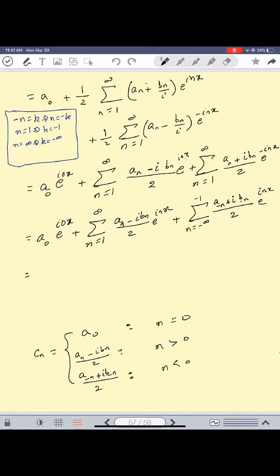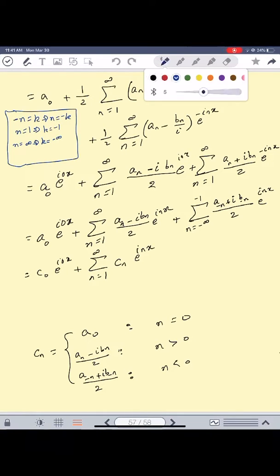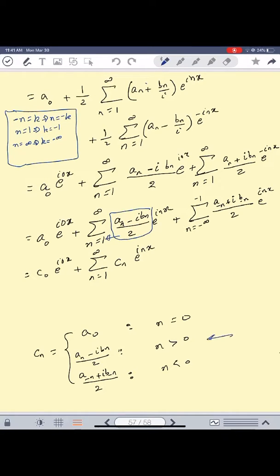This first term becomes C0 e to the i0x. This first sum becomes Cn e to the inx, because this quantity here, An minus iBn, when n is positive from 1 to infinity, you denoted this thing by Cn, right? This is what we did. Okay, so this becomes this, plus the sum from negative infinity to negative 1, Cn again, e to the inx.